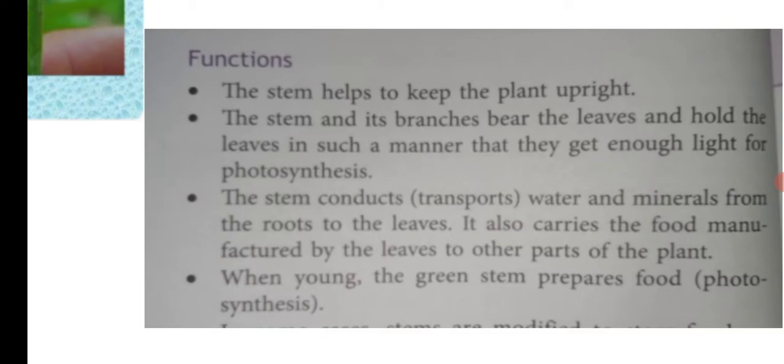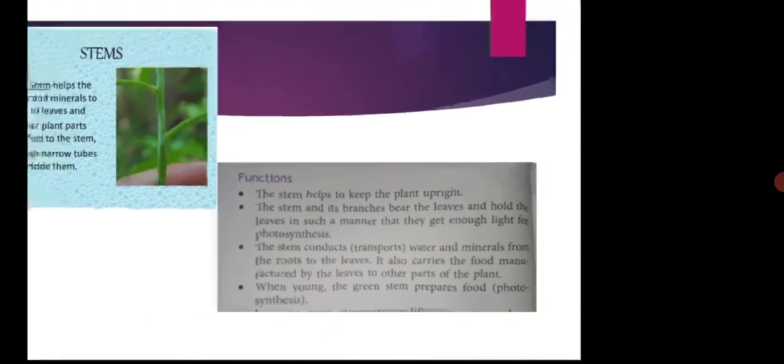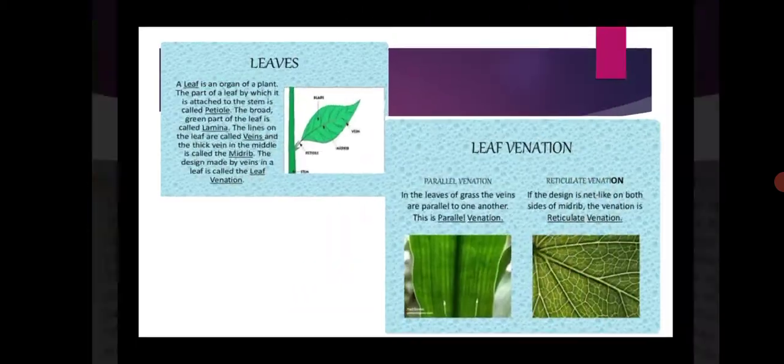When young, the green stem prepares food, that is called photosynthesis. In some cases, stems are modified to store food, as in potato, onion, garlic, ginger, turmeric. In cactus, the stem becomes fleshy and green and prepares food for the plant.